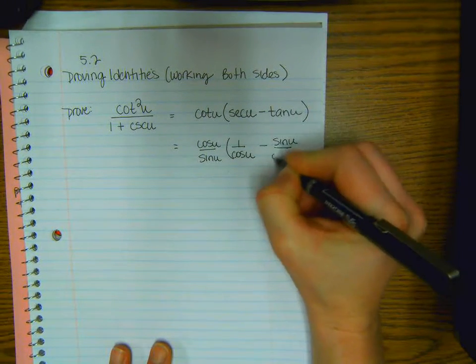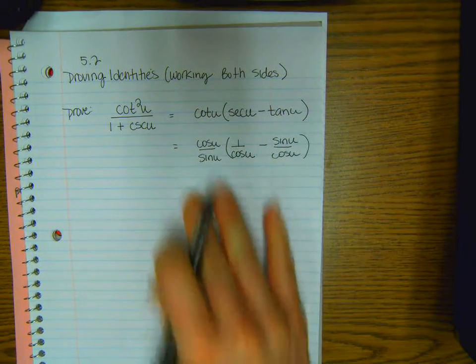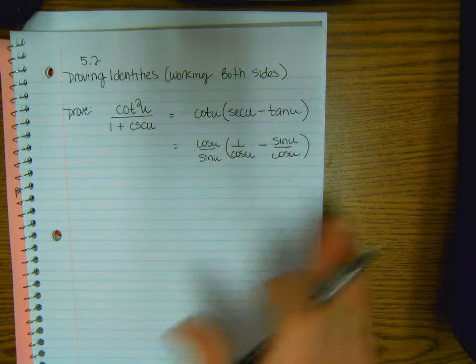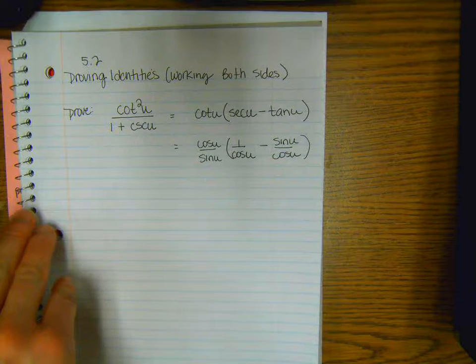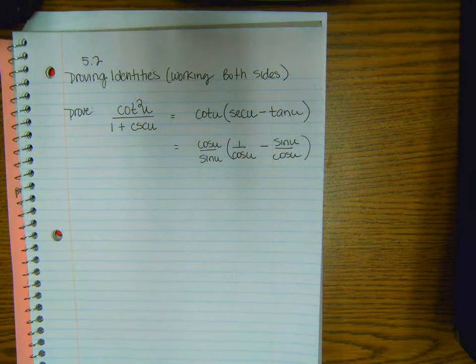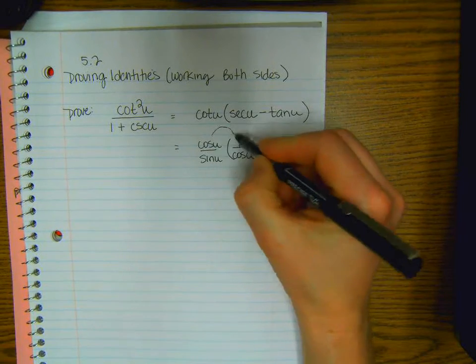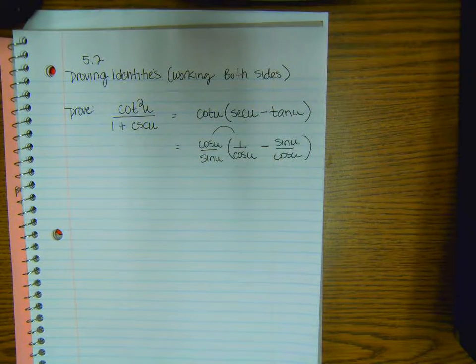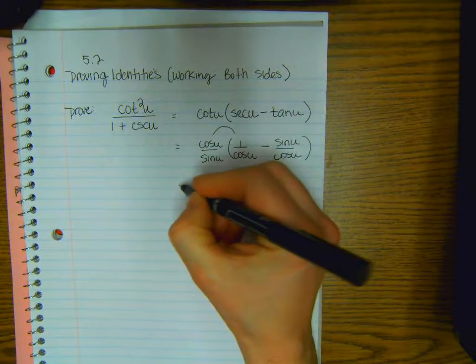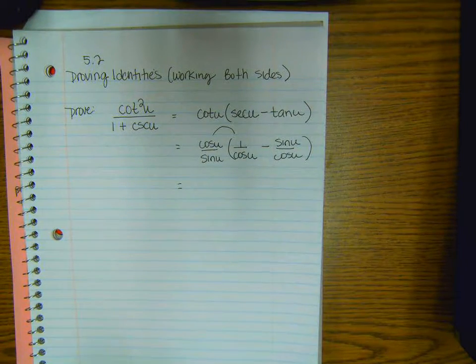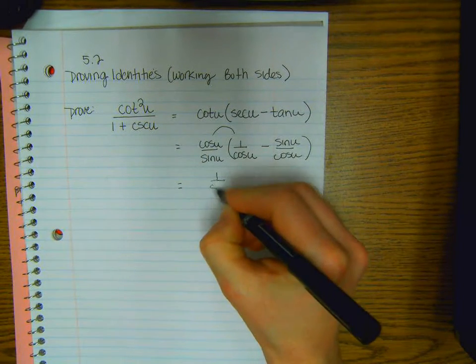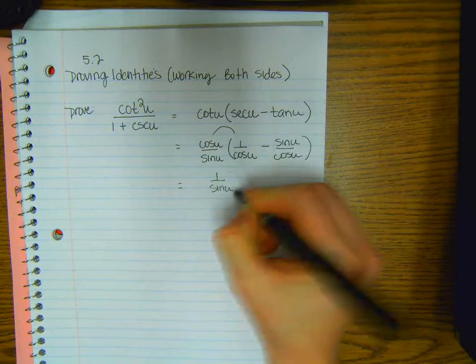Okay, so I'm going to go one more step and see if I can simplify, and then I'm going to see is there anything I can do on this side, okay, to get to the same spot. So if I simplify this and distribute that, what happens when I multiply those two things together? I get 1 over sine. How about here?